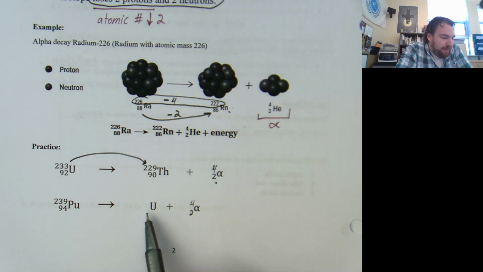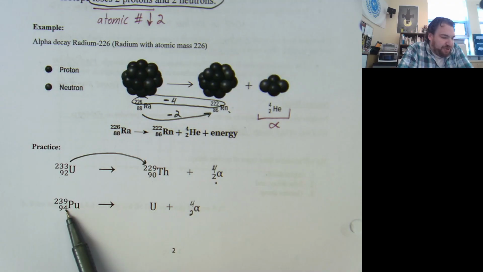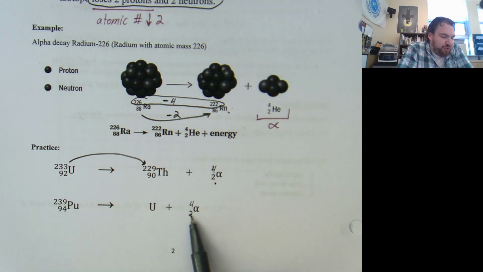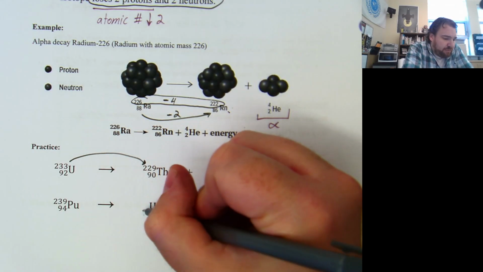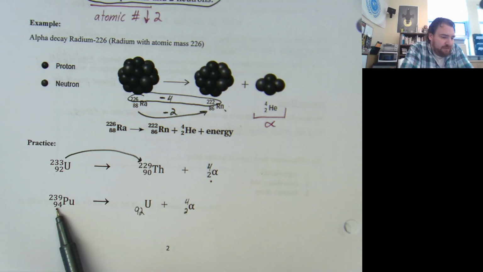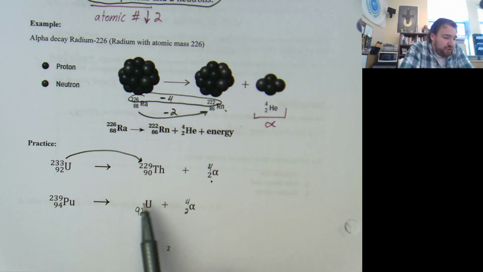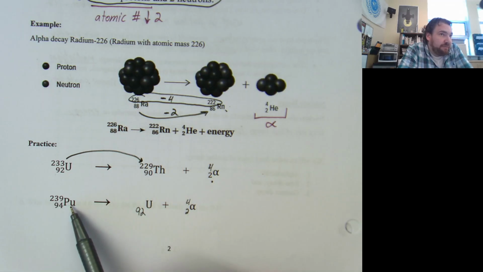So then what is the mass and atomic number of the uranium that's left over here? Well, plutonium is 94. It lost 2, so uranium's got to be 92. The atomic numbers on the right-hand side need to add, and the masses need to add. So what does the mass have to be of the uranium that was left over after plutonium decayed?